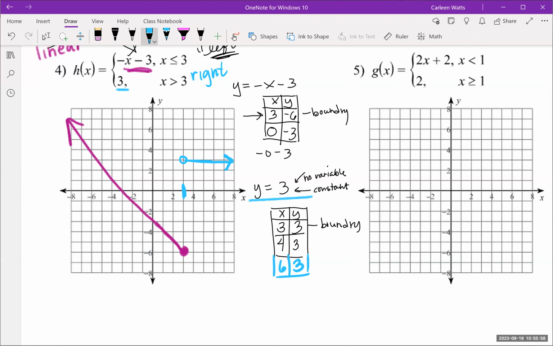Or this is like, I'm on a diet. I'm losing weight. I'm losing weight. And then I stopped my diet and then I just maintained. So this tells a story of one thing was happening and then another thing was happening. So that's a piecewise function. We don't totally hate it, right?